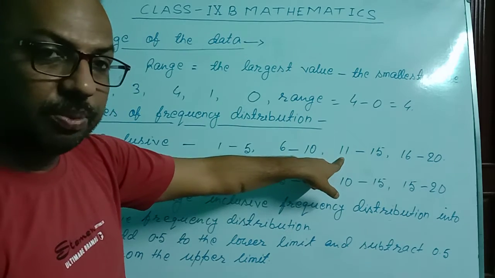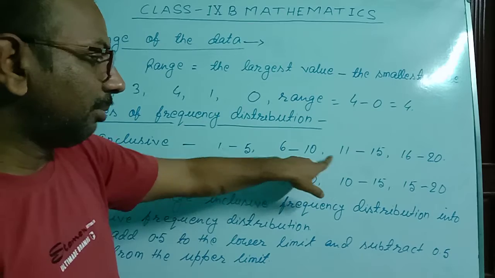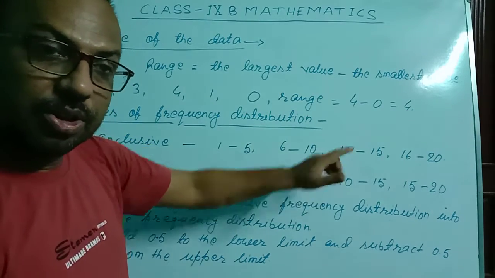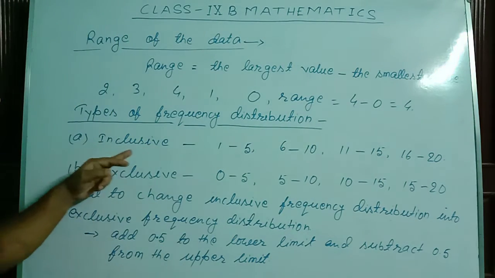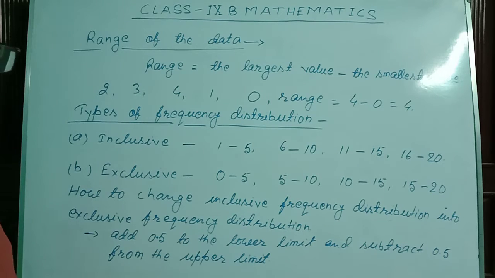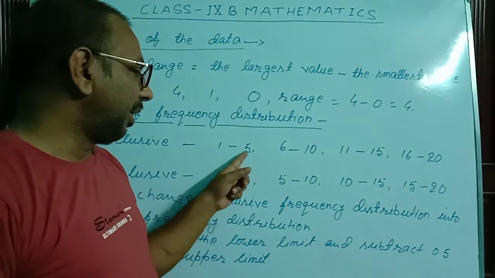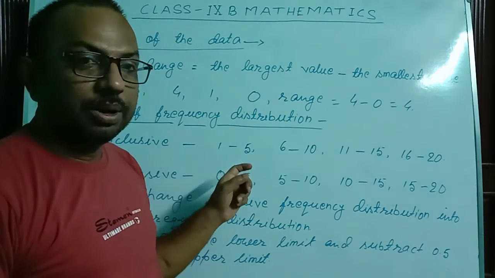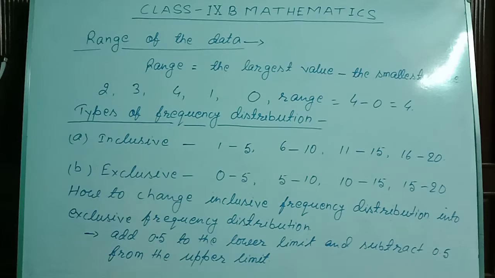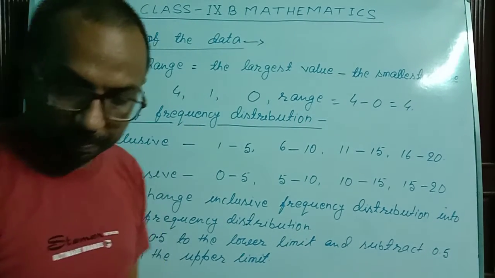Here you subtract 0.5, so you get 10.5. So the upper limit of the second class interval became the lower limit of the third class interval. This is the rule by which we change inclusive frequency distribution into exclusive frequency distribution. I repeat, by subtracting 0.5 from the lower limit and adding 0.5 to the upper limit, we change inclusive frequency distribution into exclusive frequency distribution.